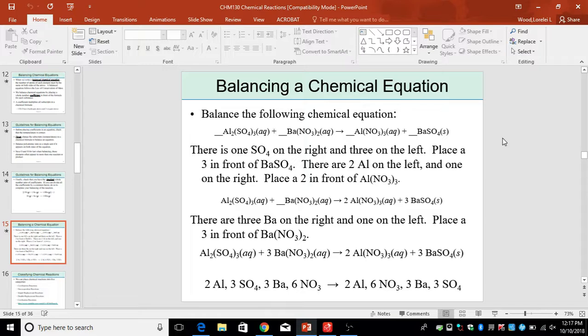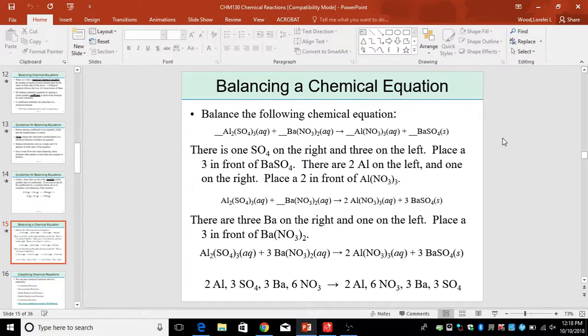All right, so if we look at balancing equations, let's take this one. We'll look at it in the context of a chemical reaction. So we've got some, what would we call Al2(SO4)3? What's the name of that? It's a sulfate of some kind. What would we call it? Aluminum, actually, do we need the 3 on that one?